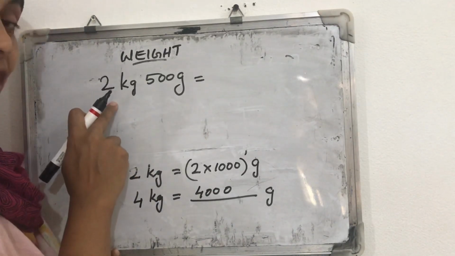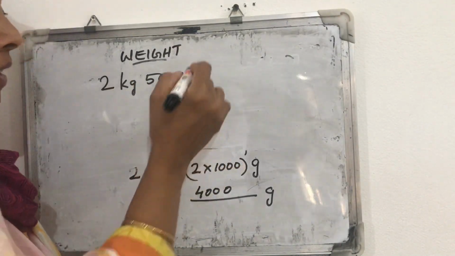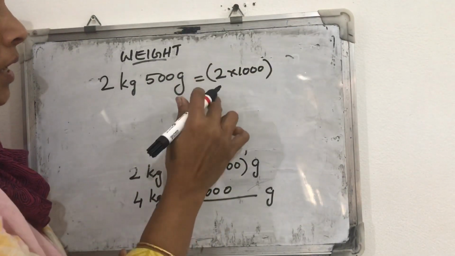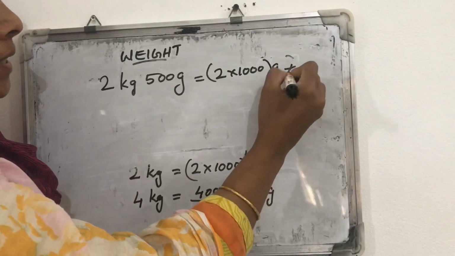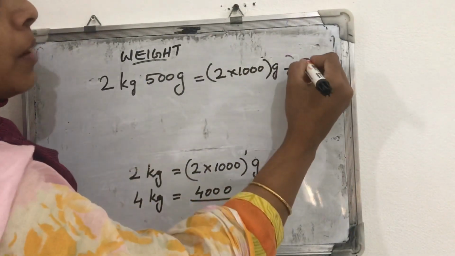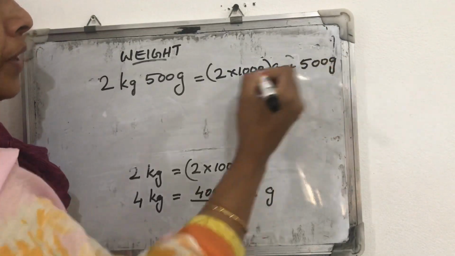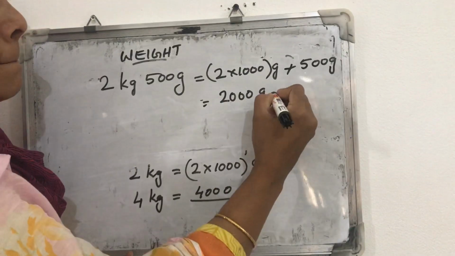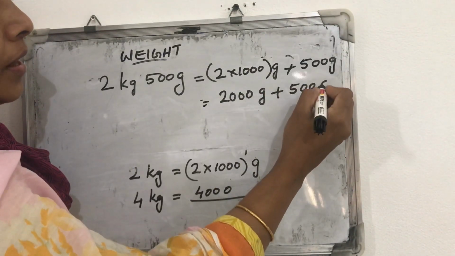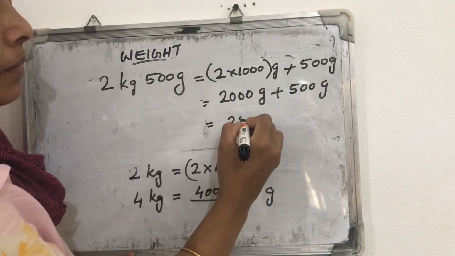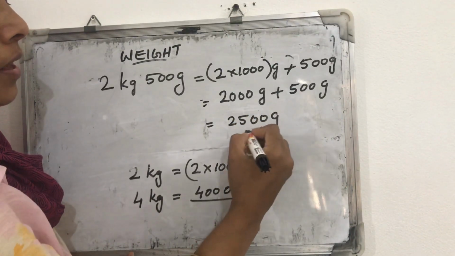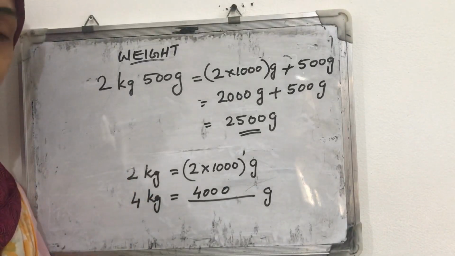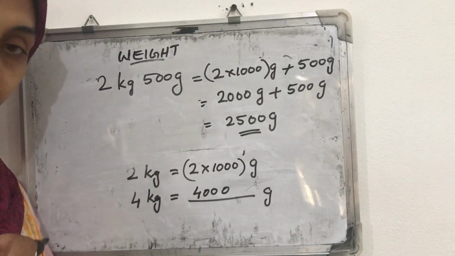Here we convert 2 kilogram into gram by multiplying with 1000. 2 multiplied by 1000, we get 2000 gram, plus the 500 gram also there. Totally how many grams? 2500 gram. So in this way we can convert kilogram into gram.